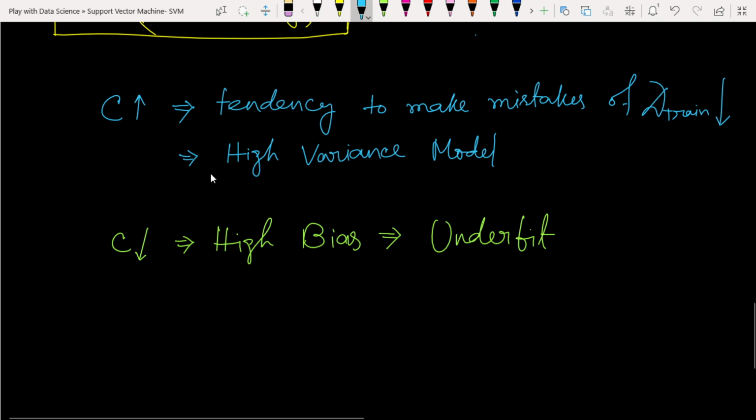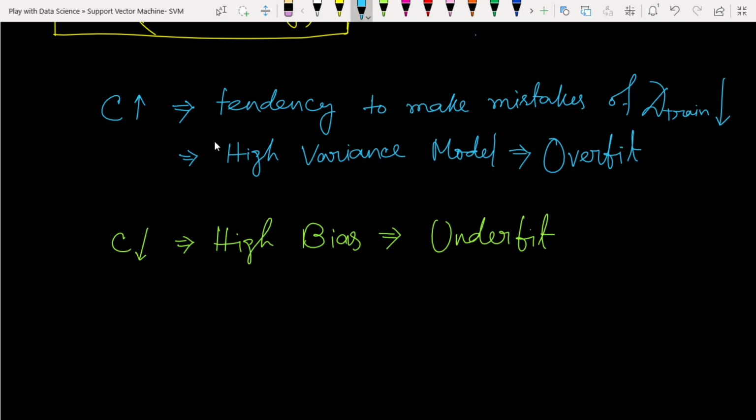And for the high variance model, we are making our model an overfit model. So we have to choose the value of this hyperparameter C in such a way that our model is not too overfit and also not too underfit. So this is the main relation of the hyperparameter to training this model.